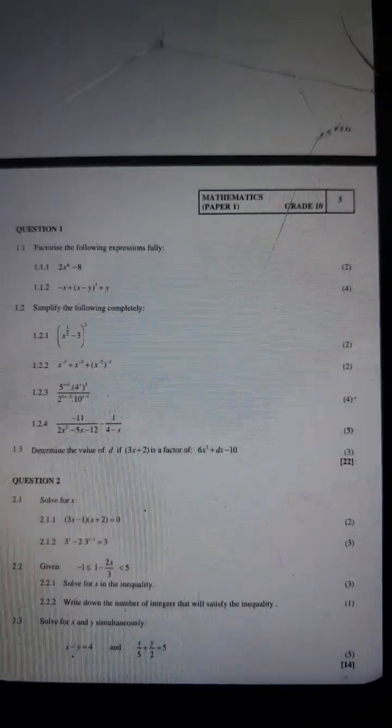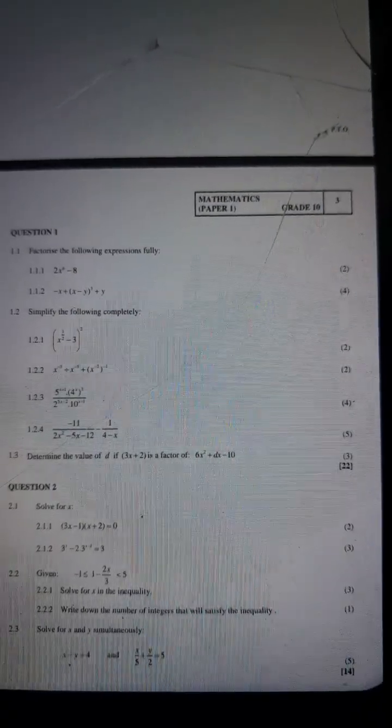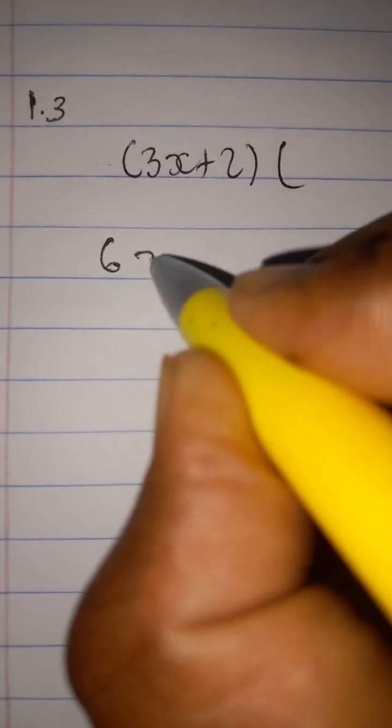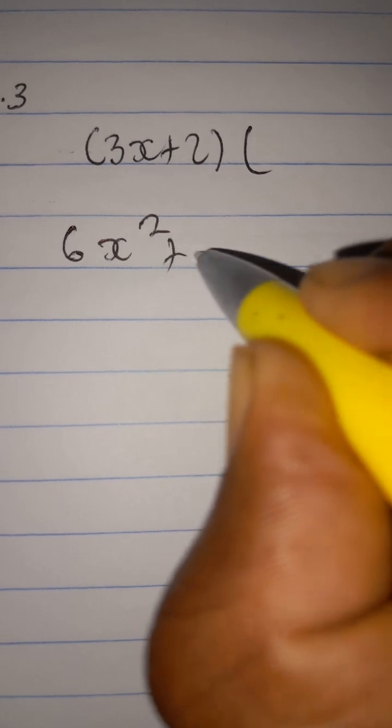So let me show you how you would attempt such, as you are preparing for your November 2024 grade 10. Remember, you are given 3x plus 2 as a factor. So there is a missing factor again. And your standard expression was 6x squared plus dx minus 10.